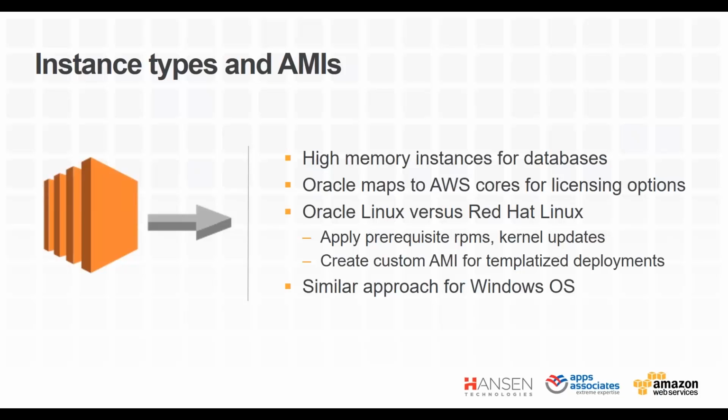One of the things we did is we went through the process of converting from Red Hat Linux to Oracle. We applied the RPMs, kernel updates, etc., and then we templatized the configuration so that we built once and replicated it for the various needs that we have. For example, if I had a need for 4 database servers, I created the primary instance once and replicated it out for the other 4. And we did the same thing for both the Linux and Windows platforms.